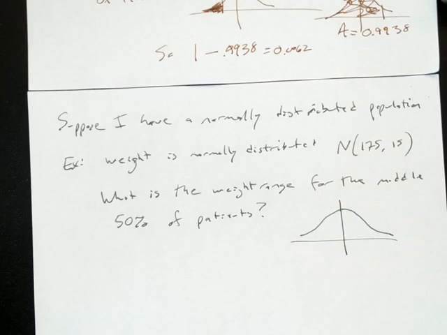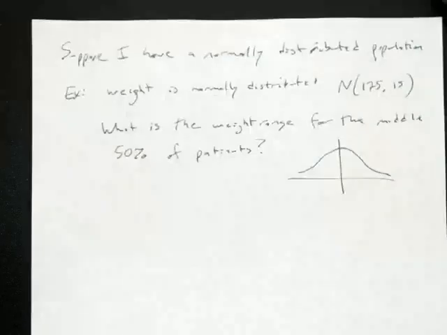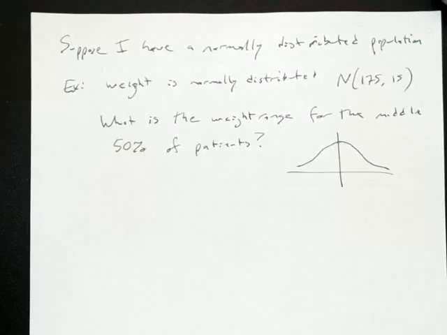Now, here's the weird part about this. I want the middle 50%, right? What part of this graph should I shade in to see the middle 50%? Nick?